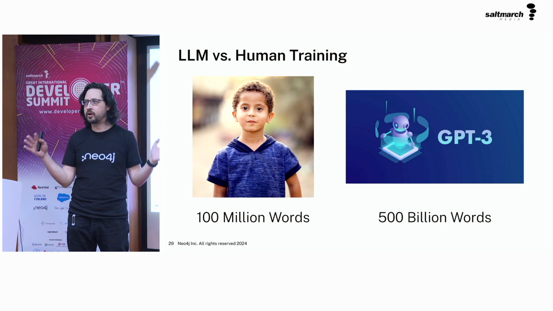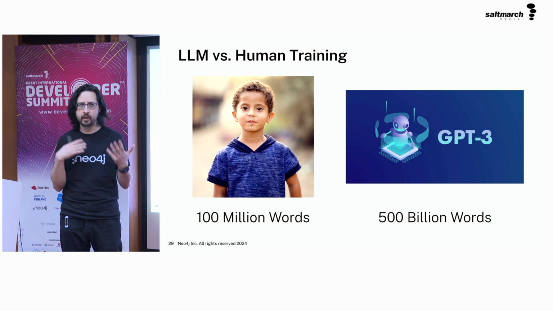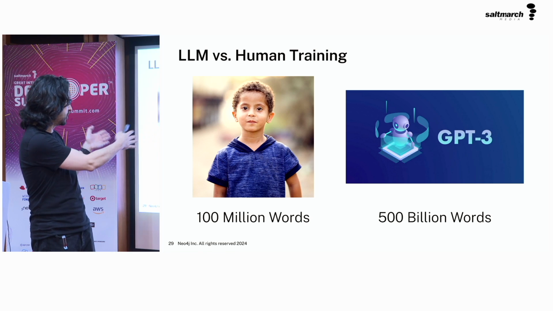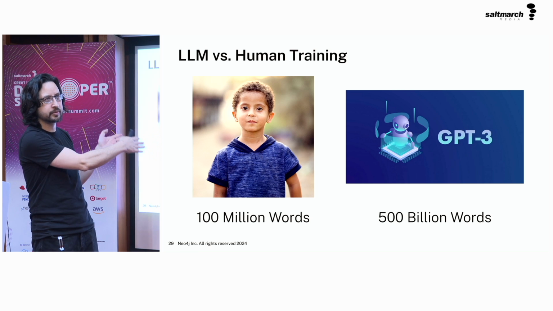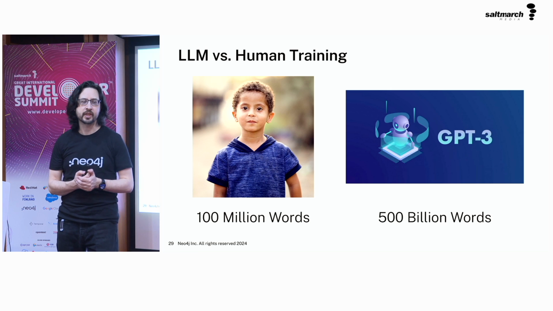We have a very small set of data which we make decisions and assumptions on. So we need to use other techniques to make up for this huge gap in the scale, in terms of the amount of data and knowledge we're presented with.